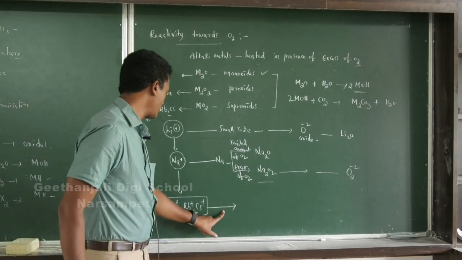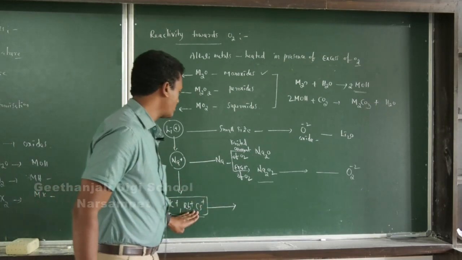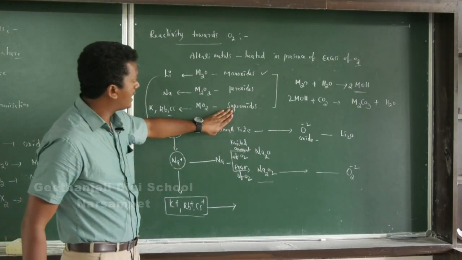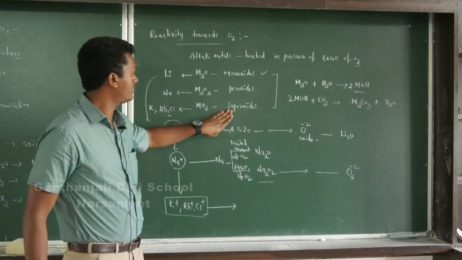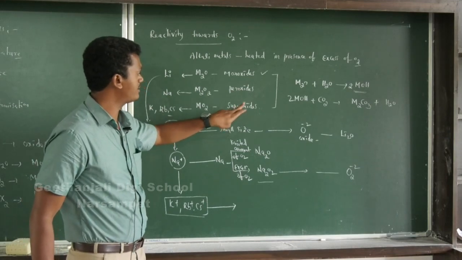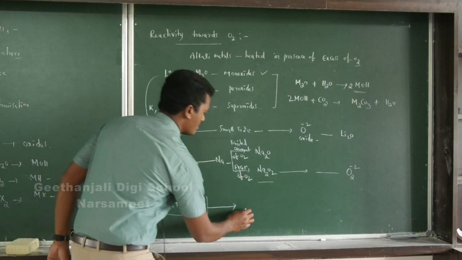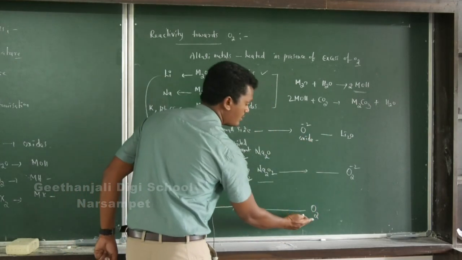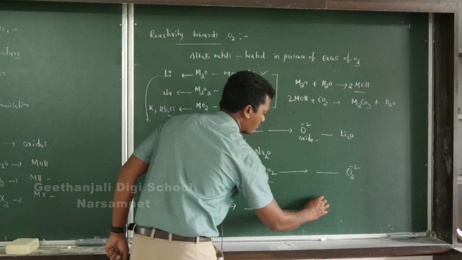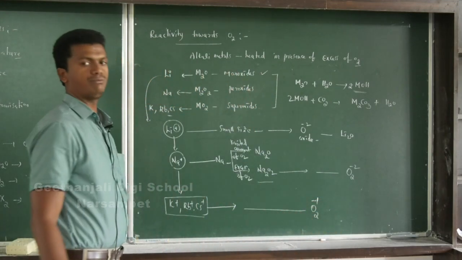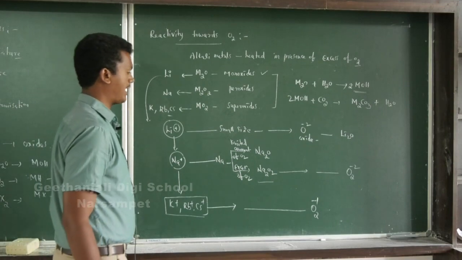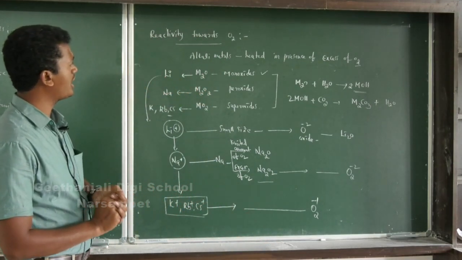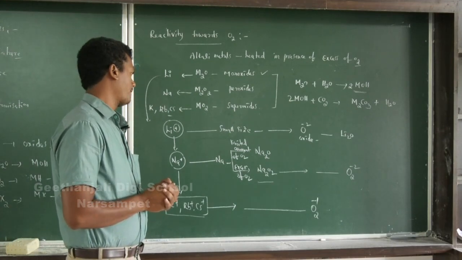Due to this reason, the large sized ions cannot prevent the bond formation between oxygen and oxygen in superoxides. That's why they can give their outermost electron to the oxygen molecule. Therefore, the oxygen molecule can form the superoxide ion called O2 minus 1. So we are getting these three types of oxides.